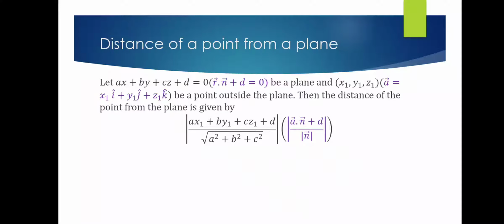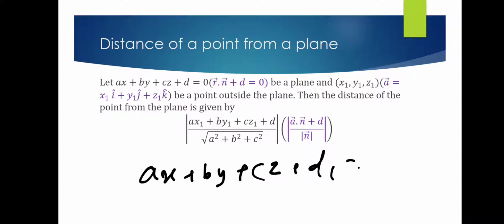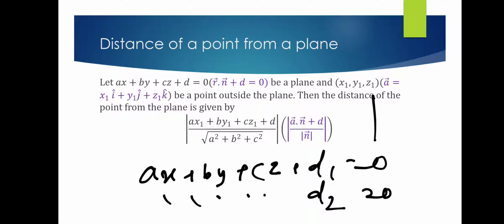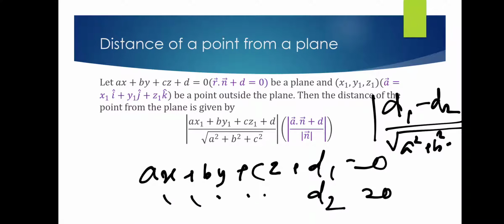If ax plus by plus cz plus d1 equals 0 is one plane, and the other plane has d2, then the distance between the two parallel planes is mod of d1 minus d2, divided by root over a square plus b square plus c square.